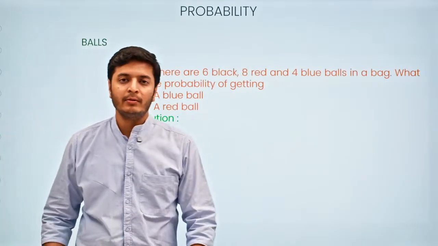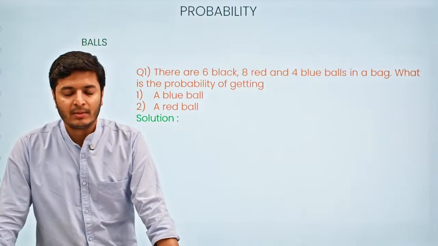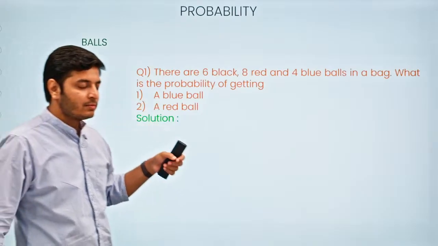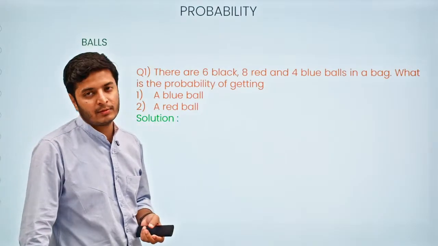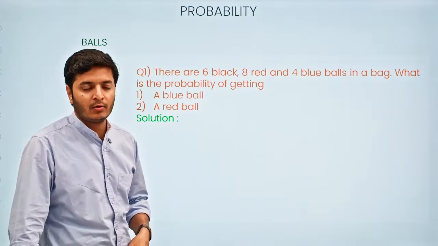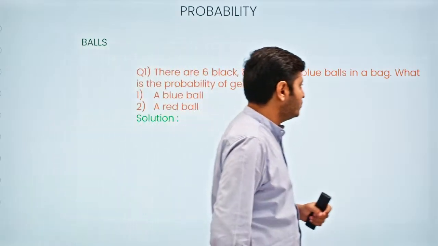Now let's talk about problems based on type of balls, number of balls. In this problem, we must be given a statement where we need to choose a ball at random from different colored balls. So there are 6 black, 8 red and 4 blue balls in a bag.